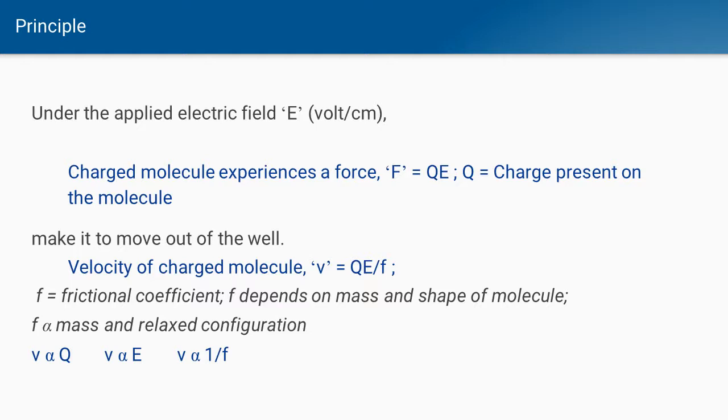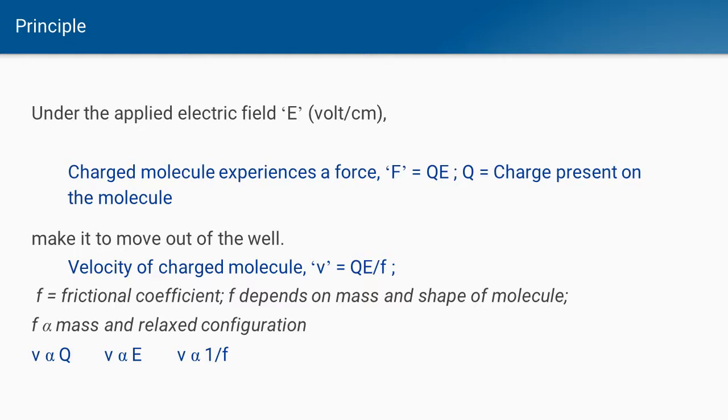This frictional coefficient also plays a major role in determining the velocity, and it depends on the mass and shape of the molecule. If a molecule has more mass, then its frictional coefficient will be more, and so the velocity will decrease. The shape of the molecule, or the configuration, also determines its velocity, as it is directly linked with the frictional coefficient.